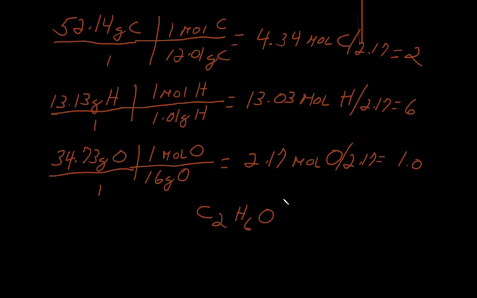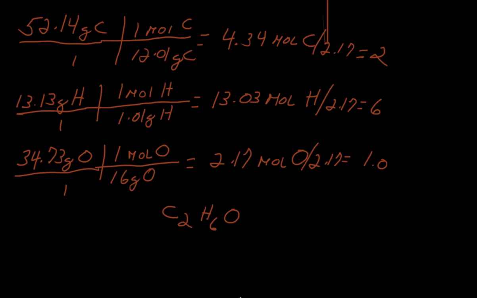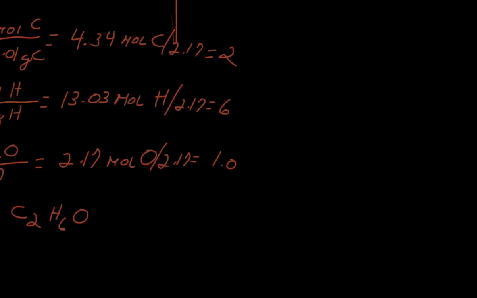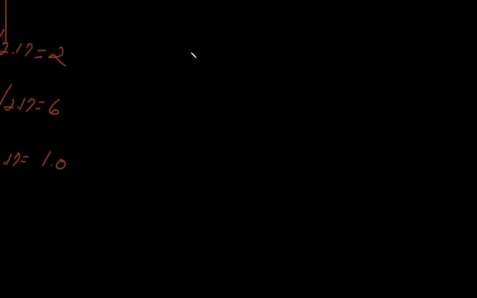All right, so let's look at if we have an empirical formula. Let's see how we end up finding the molecular formula. So once we've got the empirical, which is the lowest whole number ratio, we can also find out the molecular formula. So let's say, for example, our empirical formula is C2H6O.